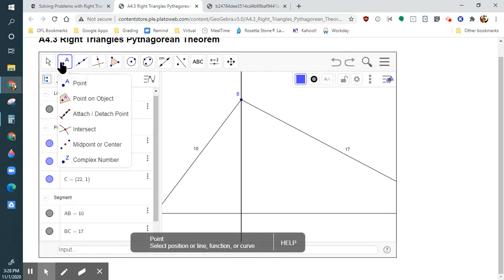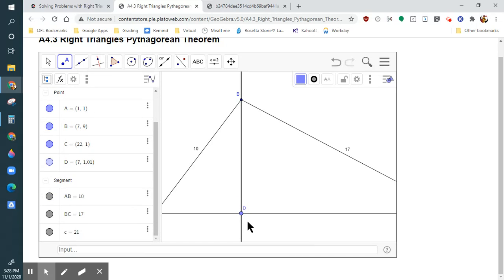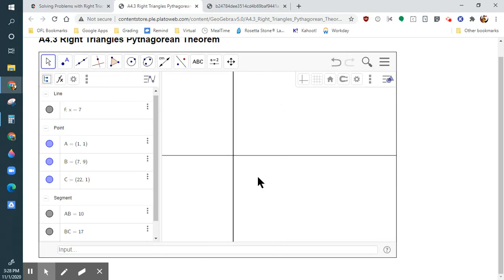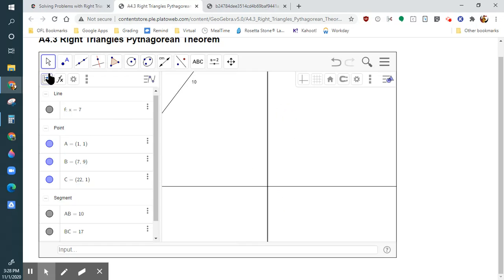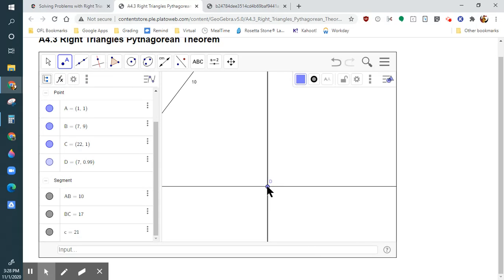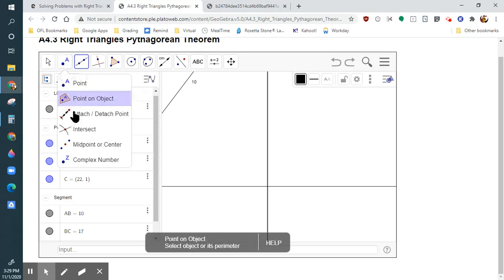It's clearly supposed to be at 7, 1. Let's see if zooming in helps. Really close, but I'm not sure why it's not doing point of intersection. Oh, you know what?